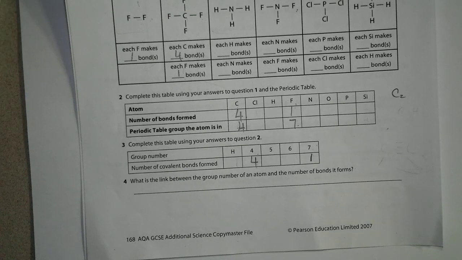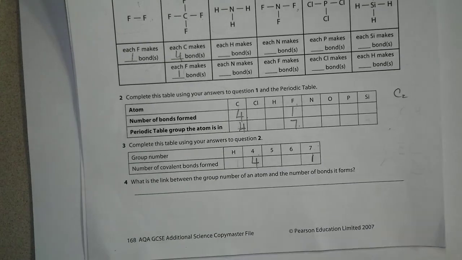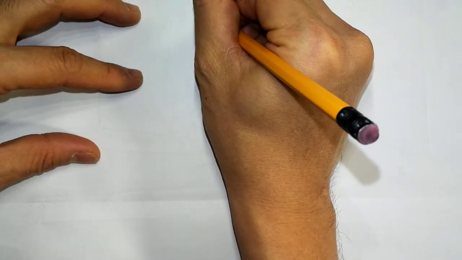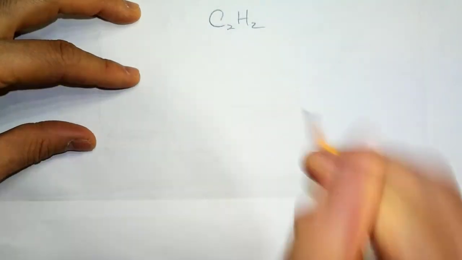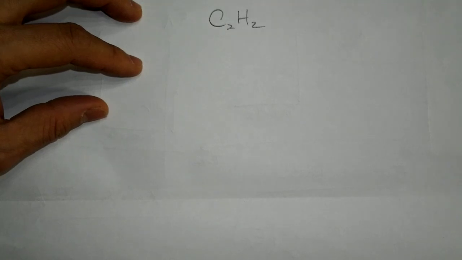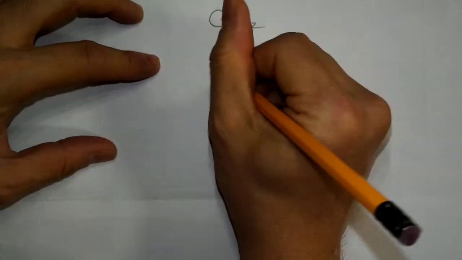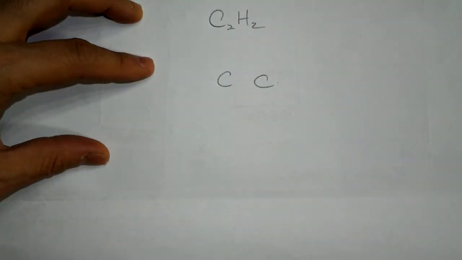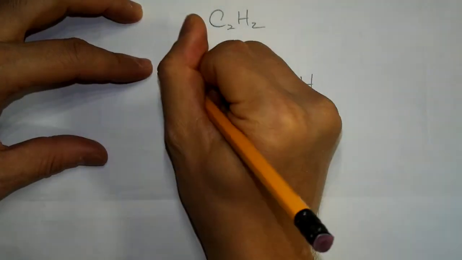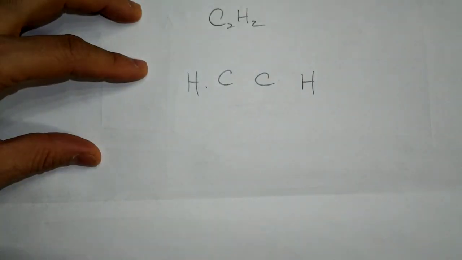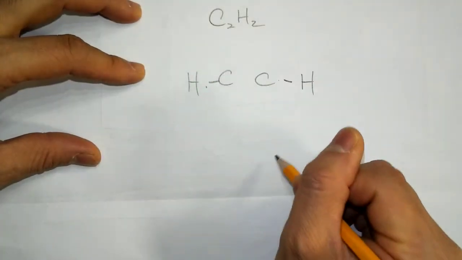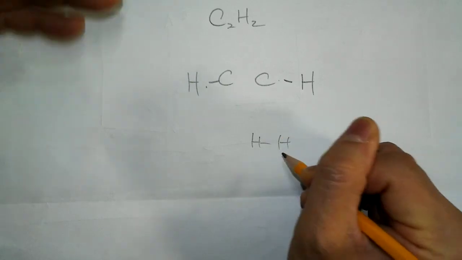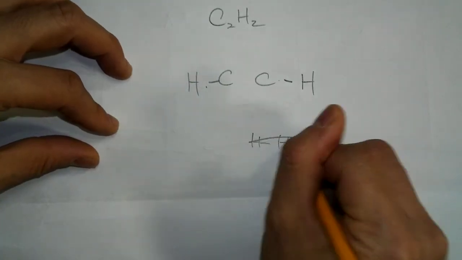So for example, let's just say I give you a formula, C2H2. Okay? So you know there are 2 carbons and 2 hydrogens. You know hydrogen only forms 1 bond. So you can't just do it like this, it's not going to work.